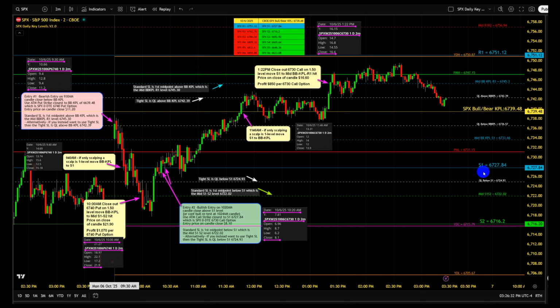Okay, so now how do we decide which option strike to use for this bullish play? Well, you're just using the same process. So this is the level that the trade is derived from.